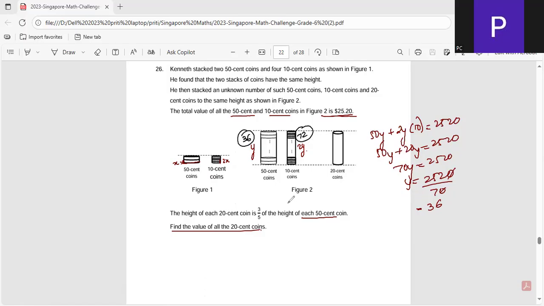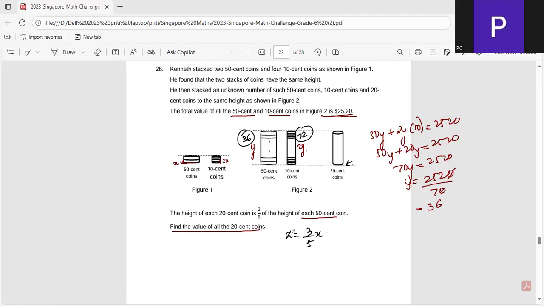Now we need to find the height of each one of them. Now the relationship between this is, the height of a 20-cent coin is 3/5 of x.